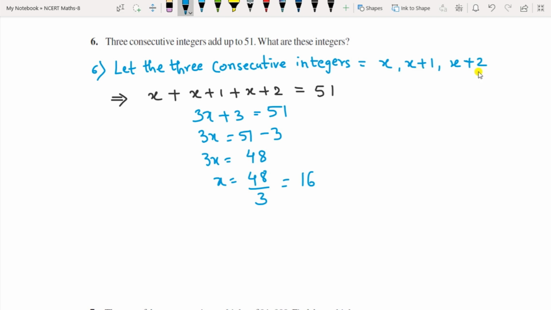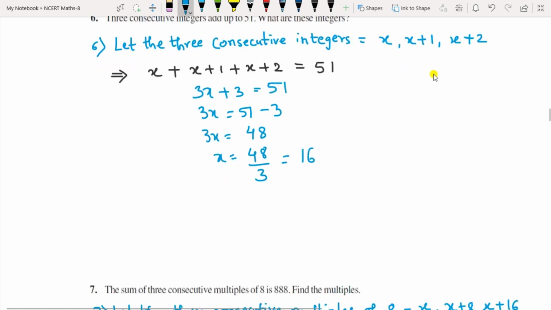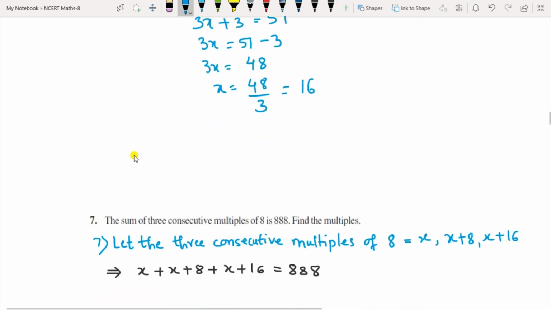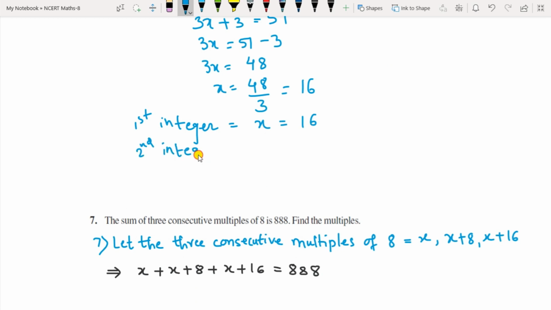Now substitute value of x in all these three. So you get that first integer, that is x equal to 16. Then second integer, that will be x plus 1, it is 16 plus 1, that is 17.